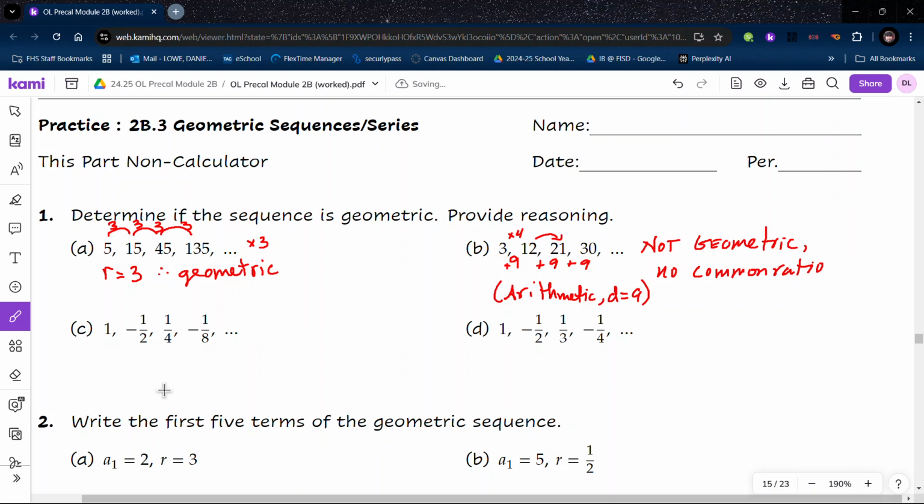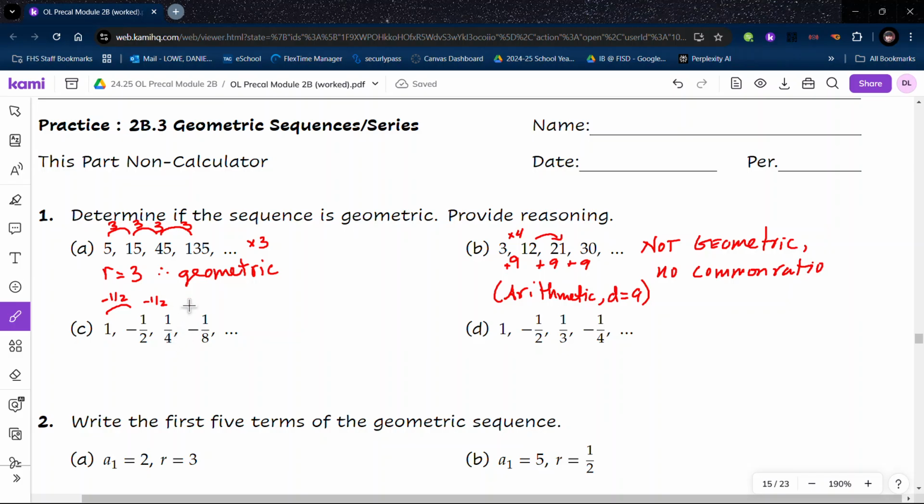All right, if we look to the next one, 1, negative 1/2, 1/4, negative 1/8. All right, we can also do this work by division, right? We could say, hey, negative 1/2 divided by 1 is negative 1/2. 1/4 divided by negative 1/2 is going to be negative 1/2, right?